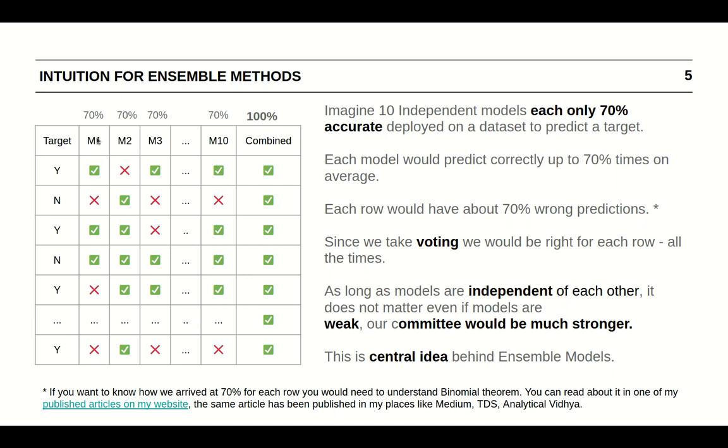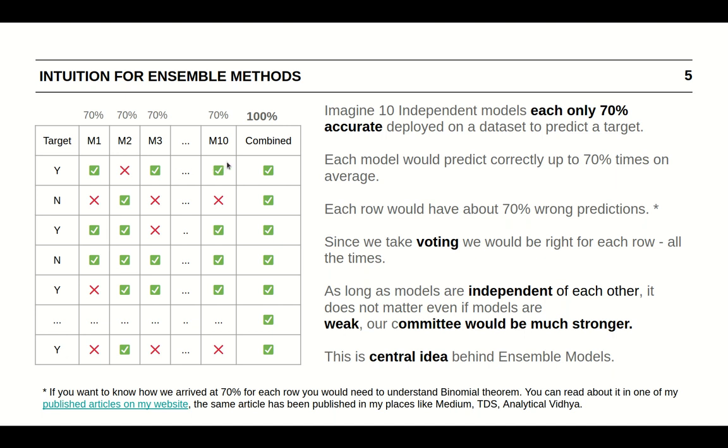So given a model M1 is 70% accurate, model M2 70% accurate, we have each of these columns approximately 70% being correct. But for each row, this would have a chance of 70% being correct. This would have a chance of 70% being correct.